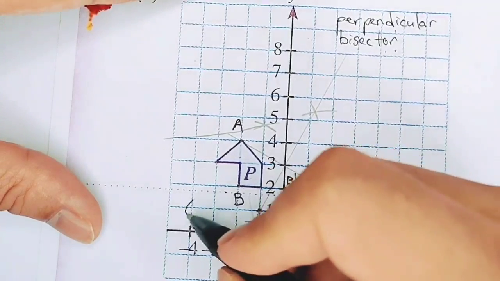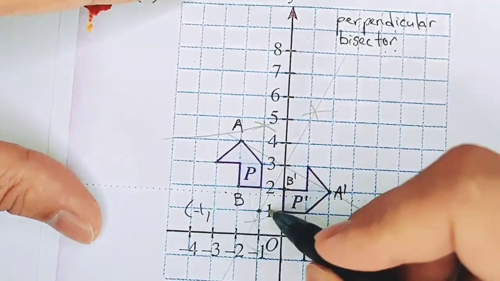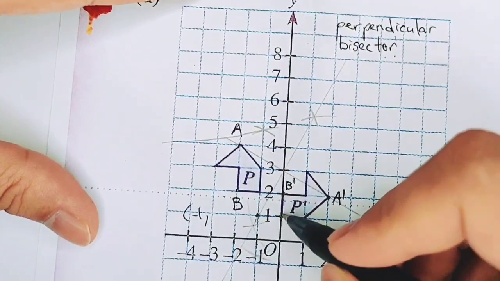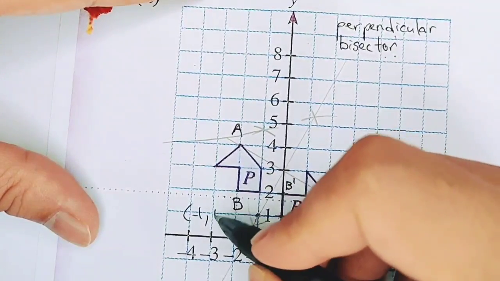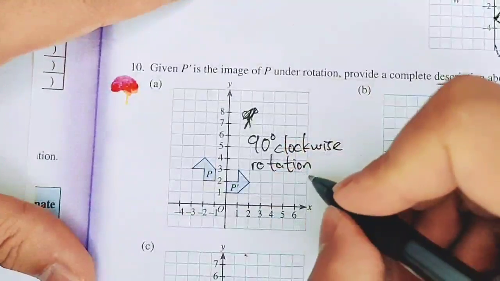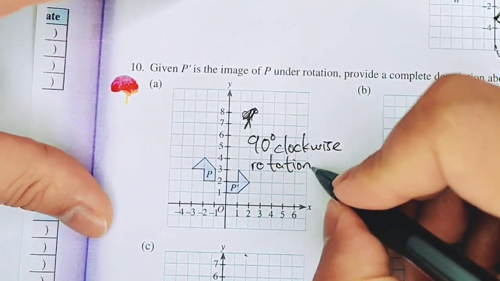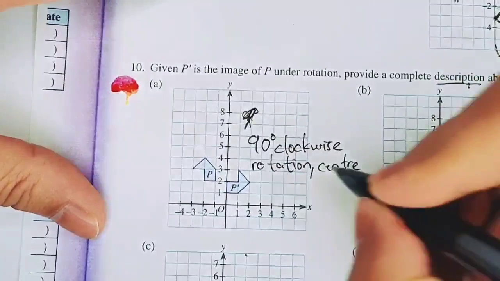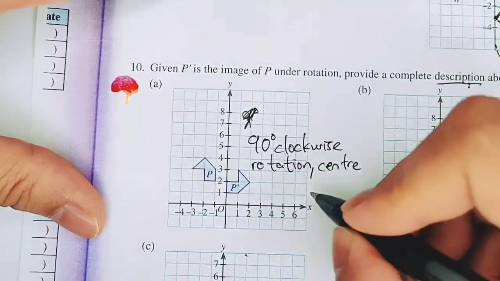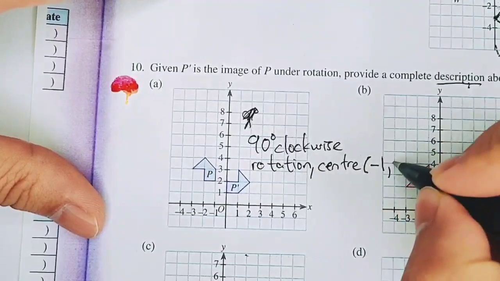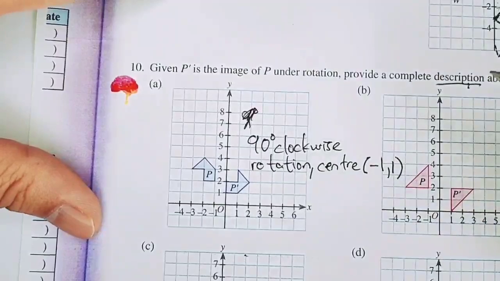It is -1, and for the y scale it is 1. So we're going to state this too. That is, we say center -1, 1.